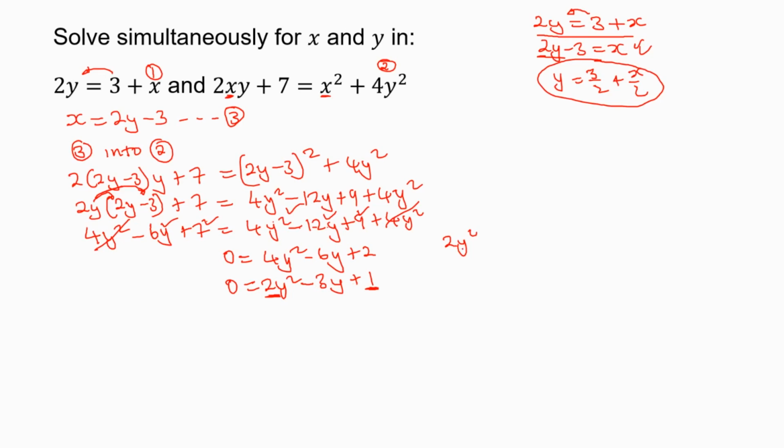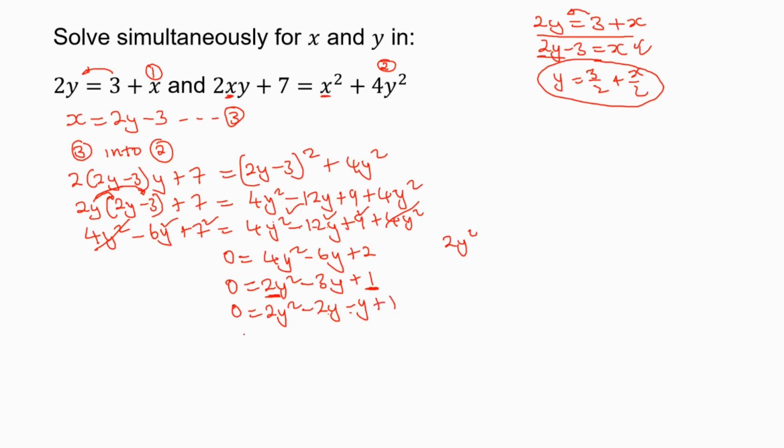That is negative 2y and negative y, isn't it? Okay, this is the longer way of factorizing. Negative 2y minus y, that is negative 3y. But if you can use the quadratic formula here, it's fine. If factorization is giving you problems, use the quadratic formula and get your answers.